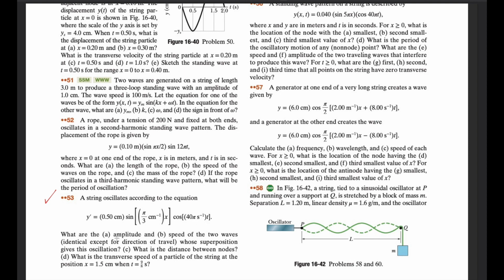What are A, the amplitude, and B, the speed of the two waves, identical except for direction of travel, whose superposition gives this oscillation? C, what is the distance between the nodes? D, what is the transverse speed of a particle of the string at position x equal to 1.5 centimeter when t is equal to 9 by 8 second?